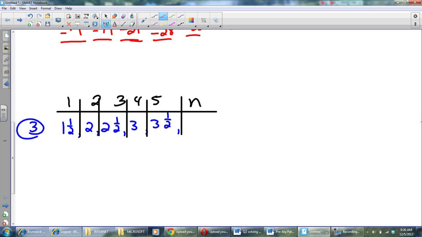And it looks like I'm always going up by plus 1/2. Plus 1/2. Plus 1/2. So I'm going to get 1/2 of n. Make my comparison line.